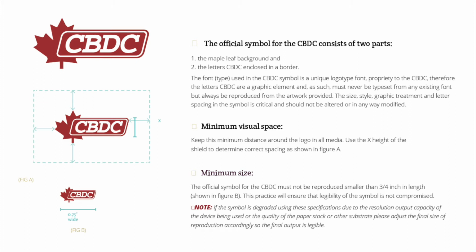Most style guides also have a minimum visual space component to their logo. This usually takes the height or width of an element within the logo and determines that in all representations of the logo within content, you must have no other graphics within a certain space around the logo. This is to make sure that the logo is seen.